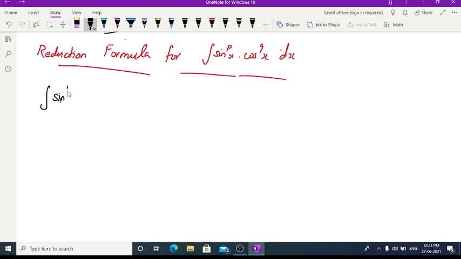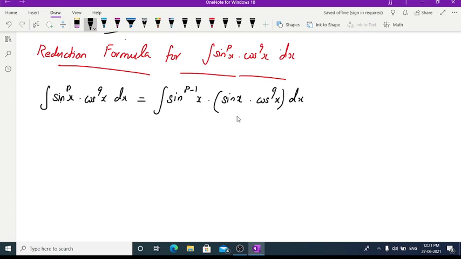Integral sin^p x cos^q x dx is equal to integral sin^(p-1) x into sin x cos^q x dx. Now using integration by parts, the first term is sin^(p-1) x, and the second term is sin x cos^q x.